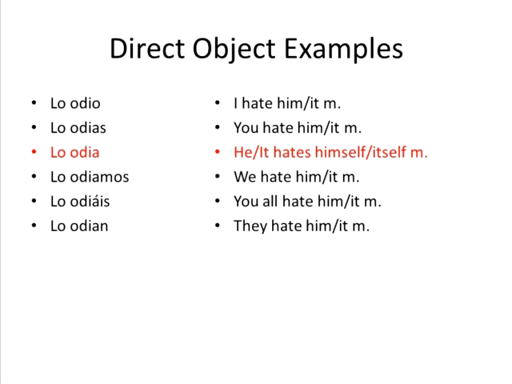Lo odia. Now, this is where it gets a little confusing, because there are various examples of what lo odia can stand in for. As I said, there are about five different things this can mean. Lo odia can mean he hates him, or he hates himself. It can mean he hates it, the masculine object, like he hates the book.